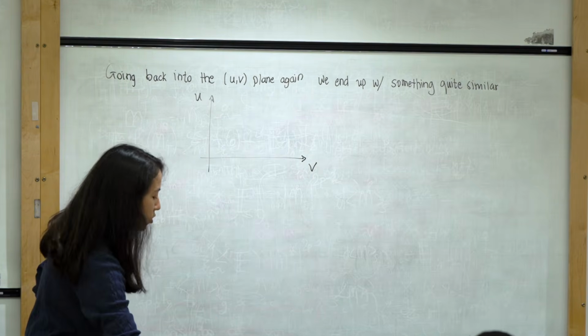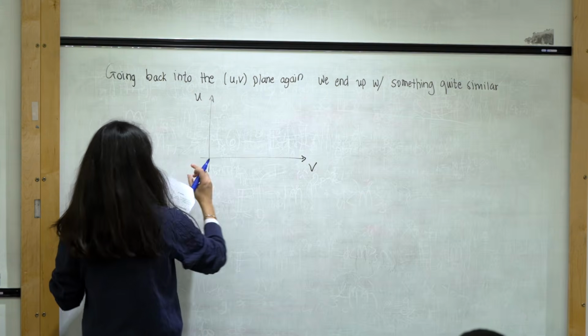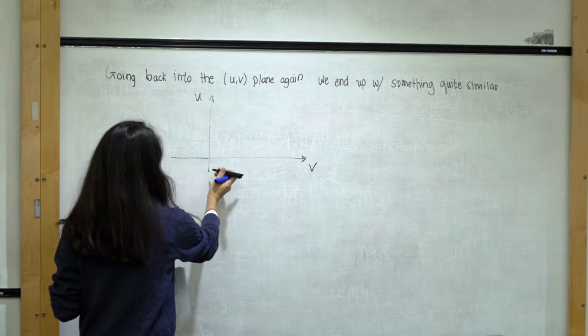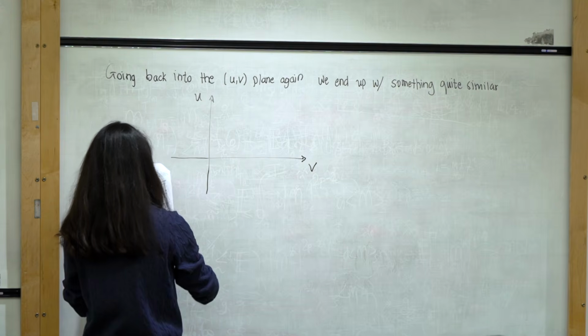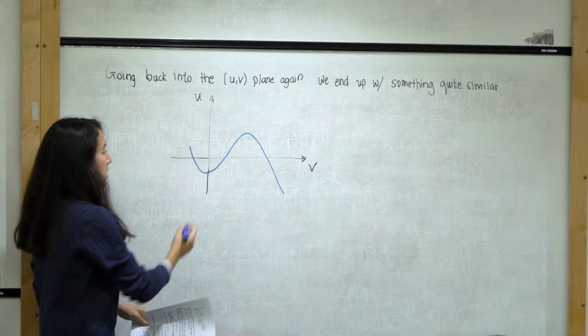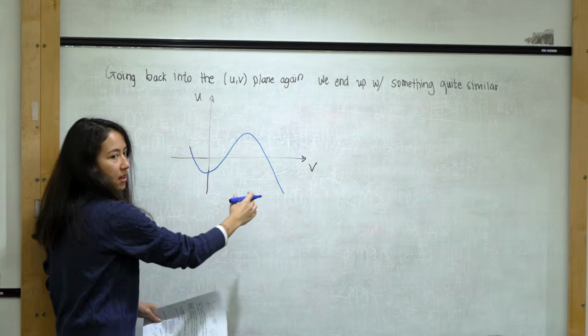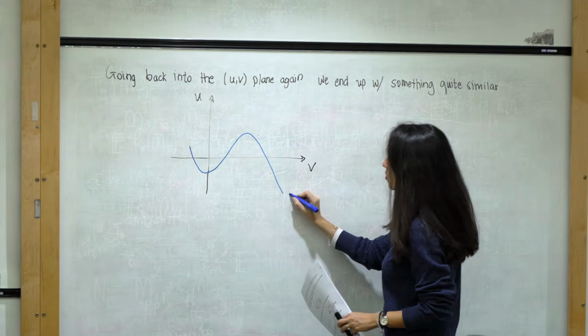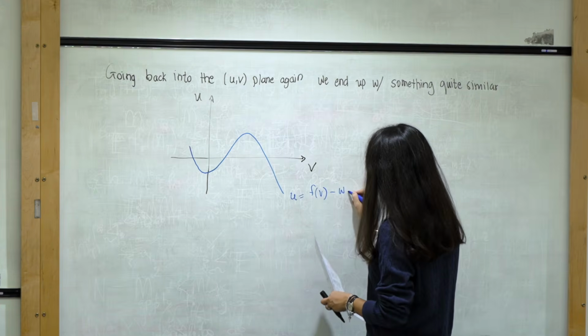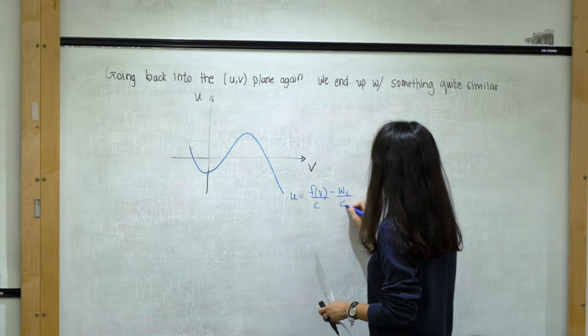So it's again the cubic, but instead of passing through 0, it's going to look like this. Before it was like that, and I just shifted it down. So this is now U is equal to f of v minus WC divided by C.